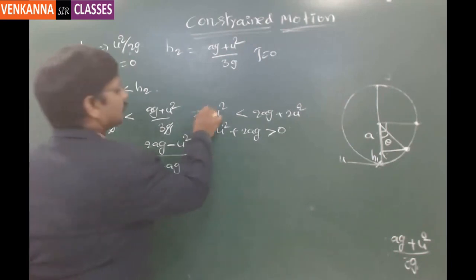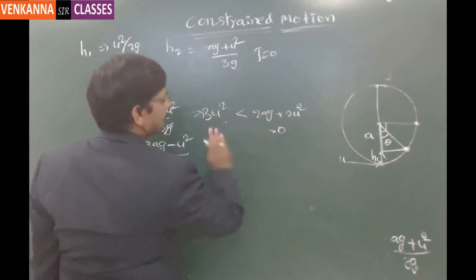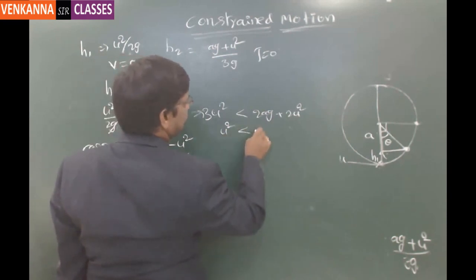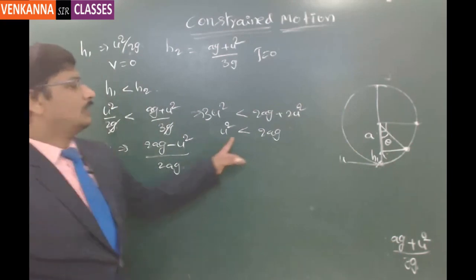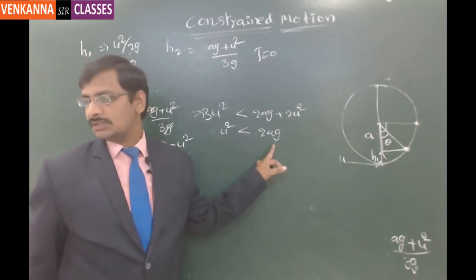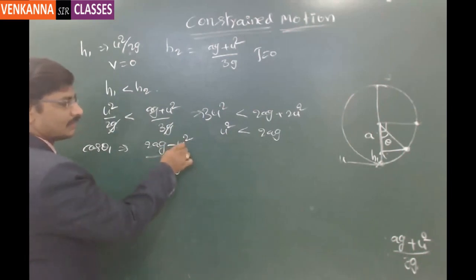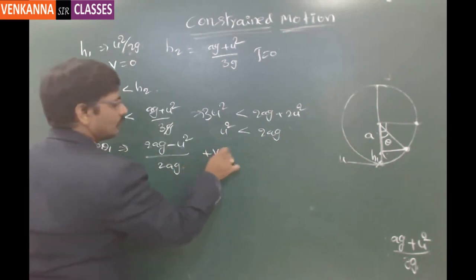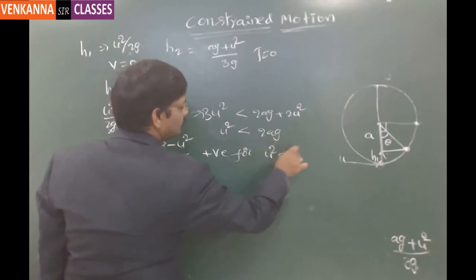Yeah. So this is 3u square, and this is going to be u square less than 2ag. So if this is the case, the u square value is lesser than 2ag. Now, if you substitute in this equation, here u square value, which is coming out to be lesser than 2ag, hence this value is going to be positive for u square less than 2ag.